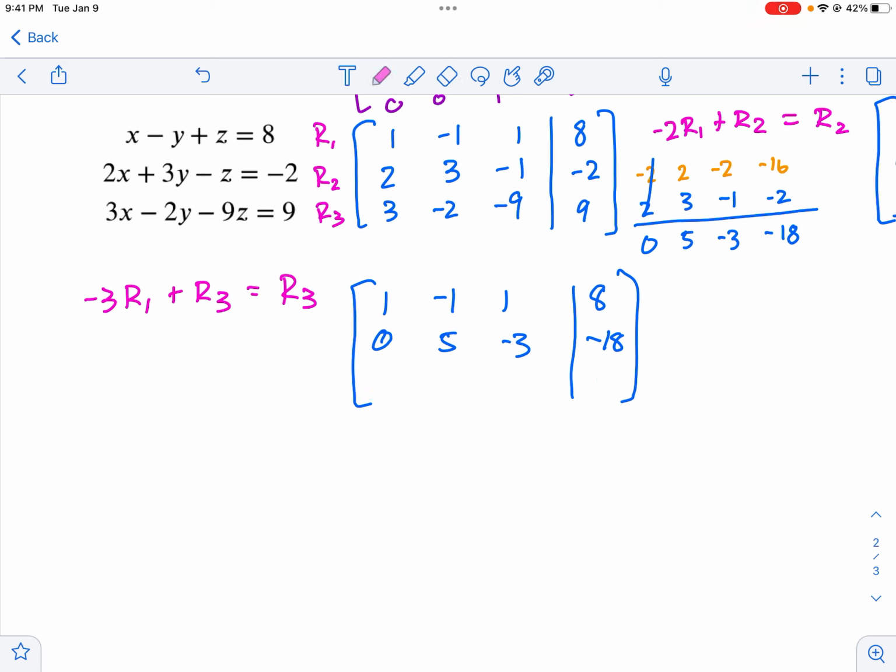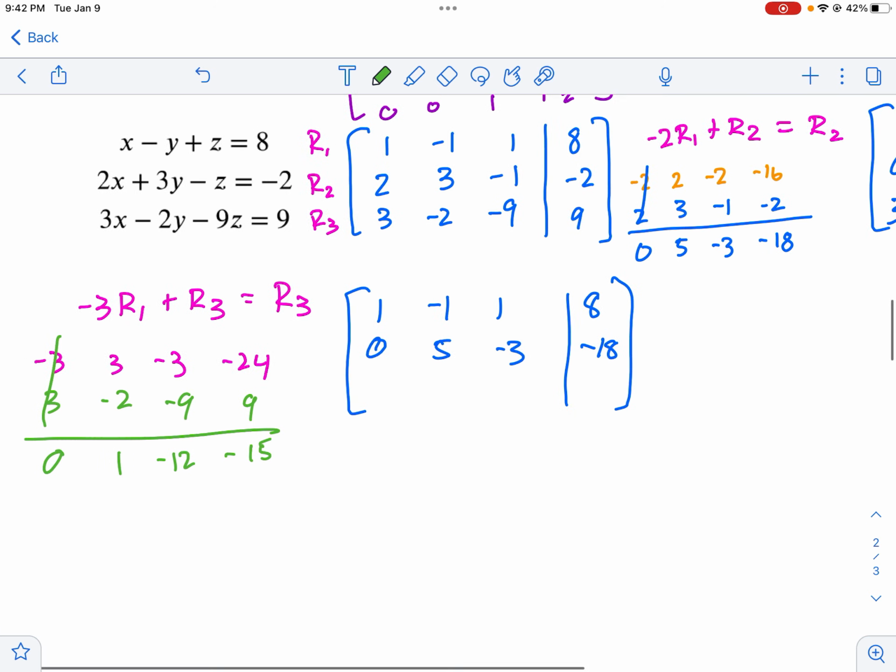So -3 row 1 is -3, +3, -3, -24. The original row 3 is 3, -2, -9, +9. So I get 1, -12, -15. Well, you can't cross out, it's a 0. So here's my 0, 1, -12, -15.